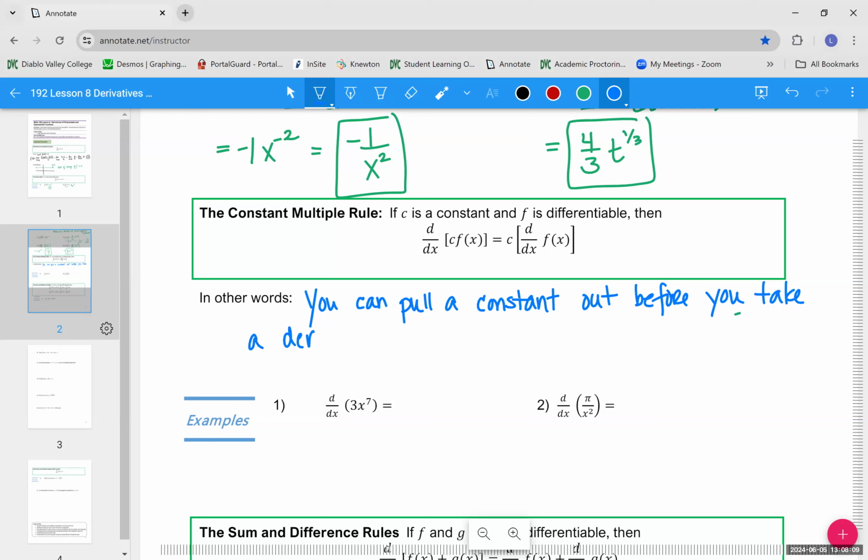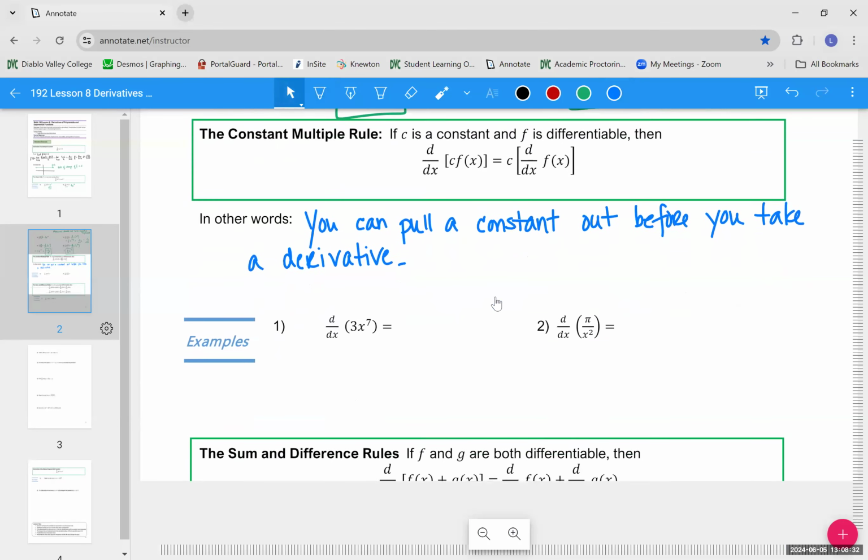And the constant will just remain as a multiplier out front.